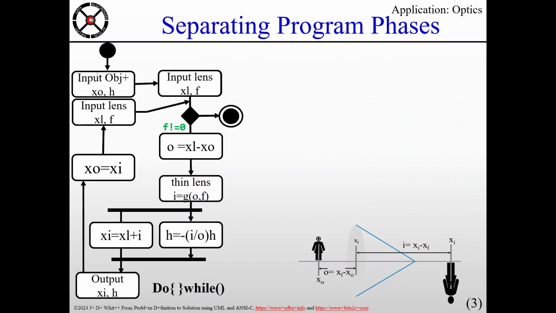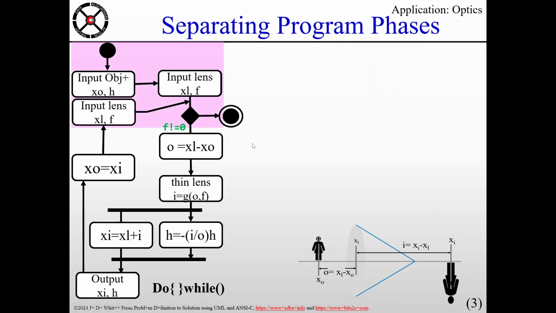We input the object, we input a lens. If the focal length is not equal to 0, we calculate the object, the O, for the thin lens formula. We then calculate the image position, calculate its height, output its position and height, update the position of the image to the object, input the next lens position and focal length, and continue along like this.